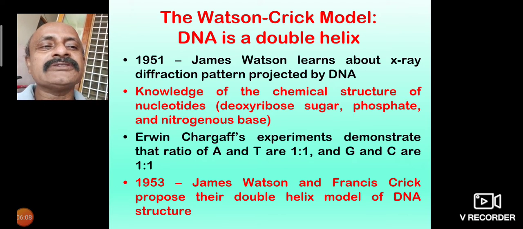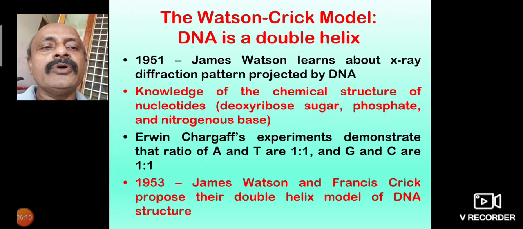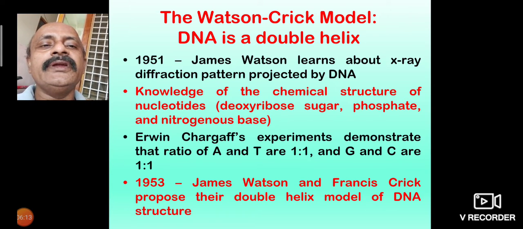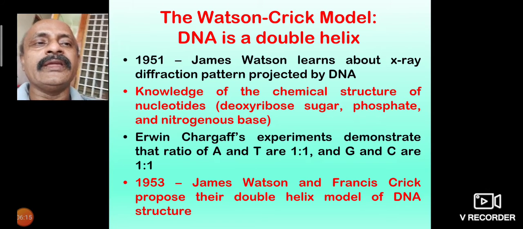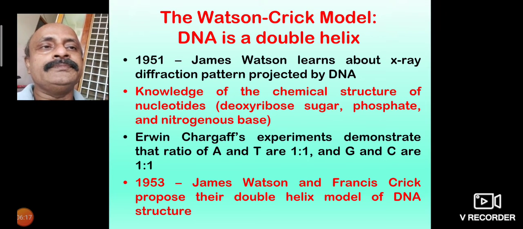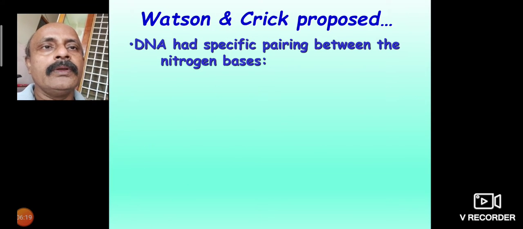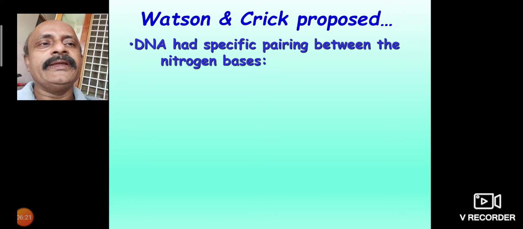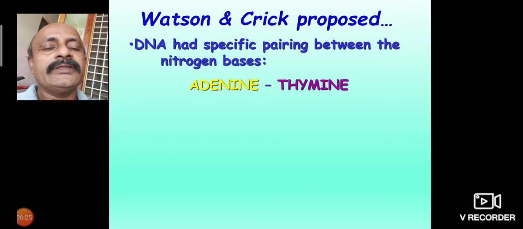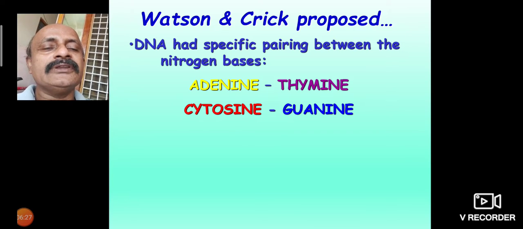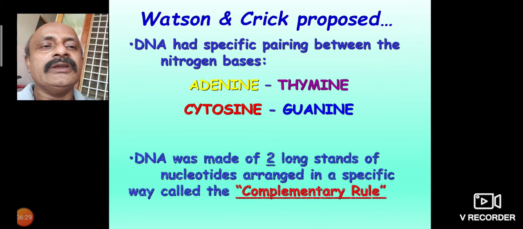In 1953, James Watson and Francis Crick proposed their double helix model of DNA structure. Watson and Crick proposed that DNA had pairing between the nitrogen bases: adenine with thymine, and cytosine with guanine.